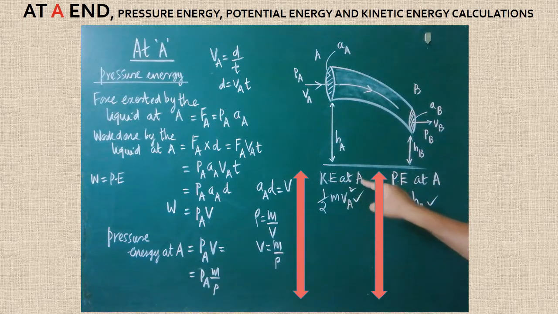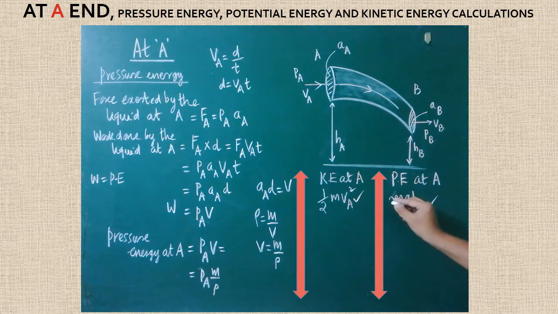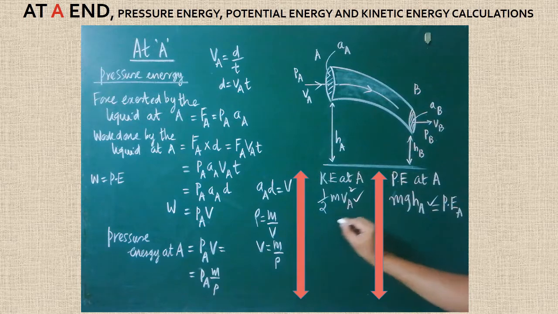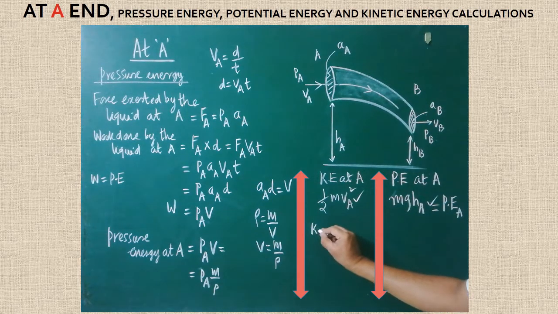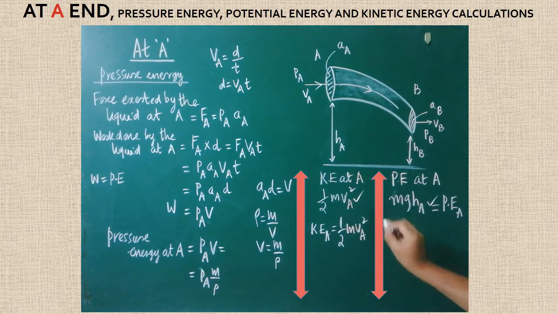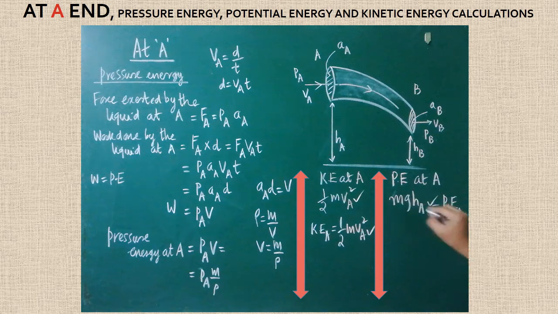This is the kinetic energy at A. This is the potential energy at A. This one can be named as PEA, potential energy at A. This one can be written as KEA. KEA is nothing but half mVA square. Name it. Put tick here in the important formula.